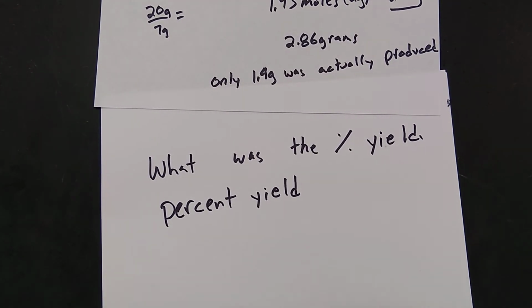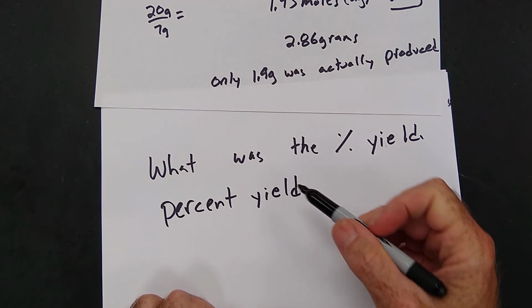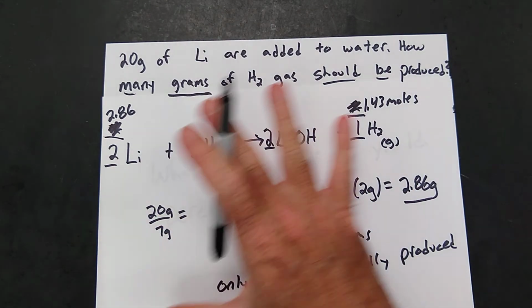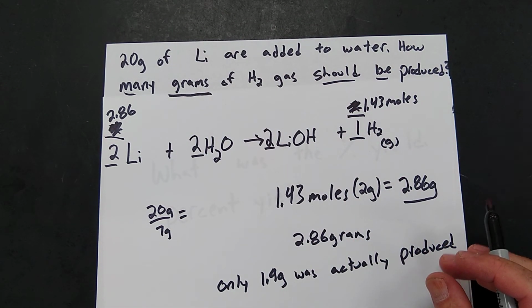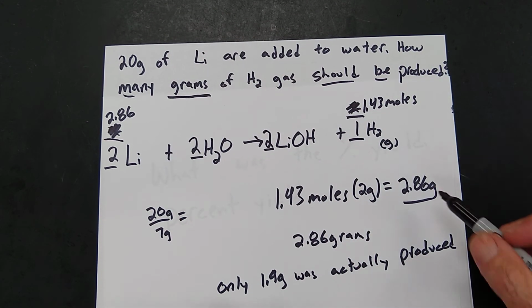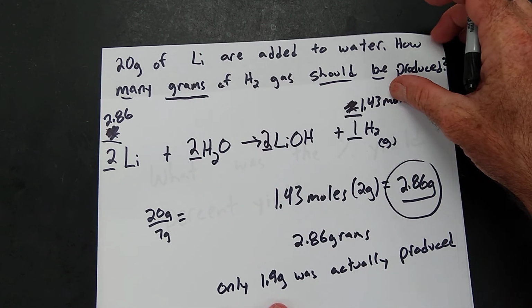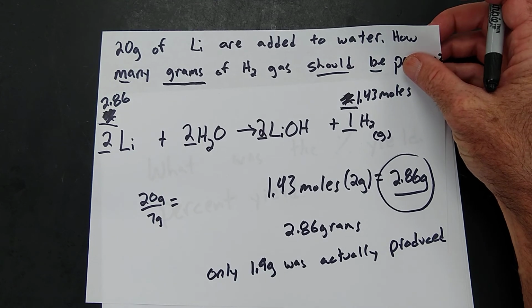All right, anyway, the percent yield. These equations, when we work them out in real life, they don't actually happen perfectly. Okay, we can predict what would happen, and we would predict that 2.86 grams would be produced. But that doesn't mean it's actually going to happen.